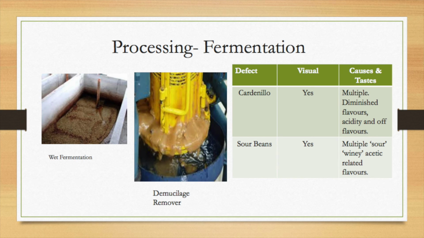Processing and fermentation. So a big area, lots of different types of fermentation and ways to remove the mucilage, and lots of different risks that come with this. Fermentation itself, I should just point out, can be perceived by some as an over-ferment in its own right, a defect, but we also have some that I haven't added on here, such as black beans, that some people would put in this categorization as also being an outcome, along with stinkers, of fermentation as well.